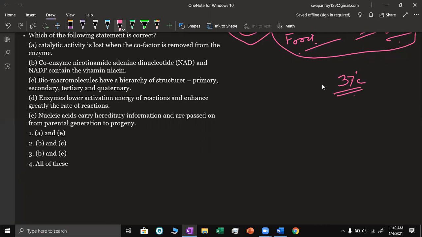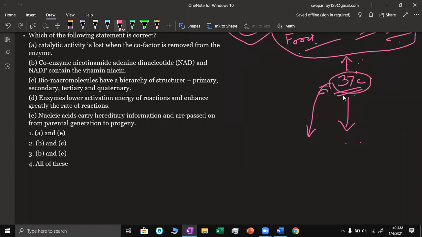If we bring the temperature down, the activity of the enzyme will go down. If we bring it up, the activity of the enzyme will also go down.